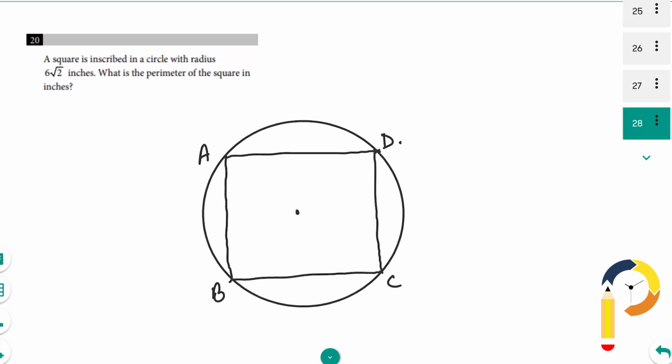So suppose this is the center O. This is the radius 6 root 2, and the diameter of the circle will be the diagonal of this square, right? So if the radius is 6 root 2, the diameter will be 6 root 2 plus 6 root 2, so the diameter is equal to 12 root 2, right?